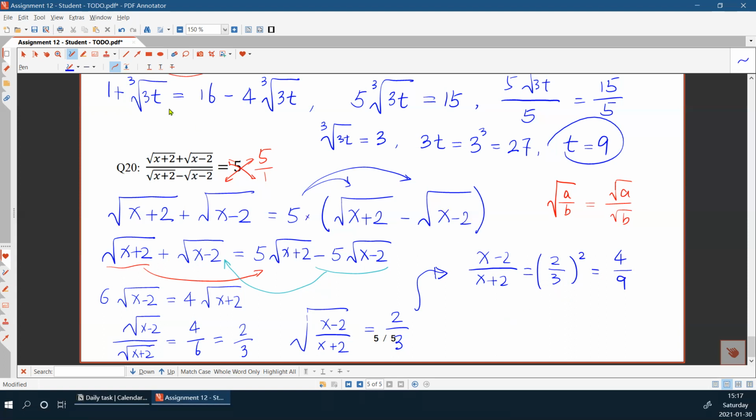Right? Then again, you can use the cross multiplication method.